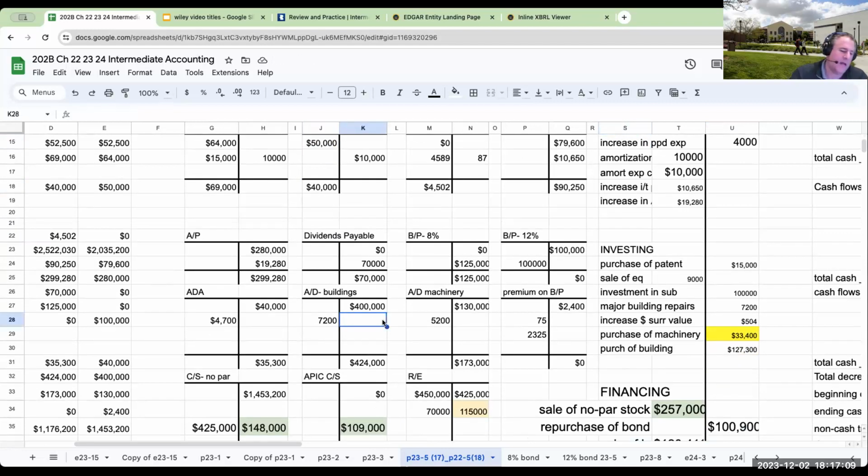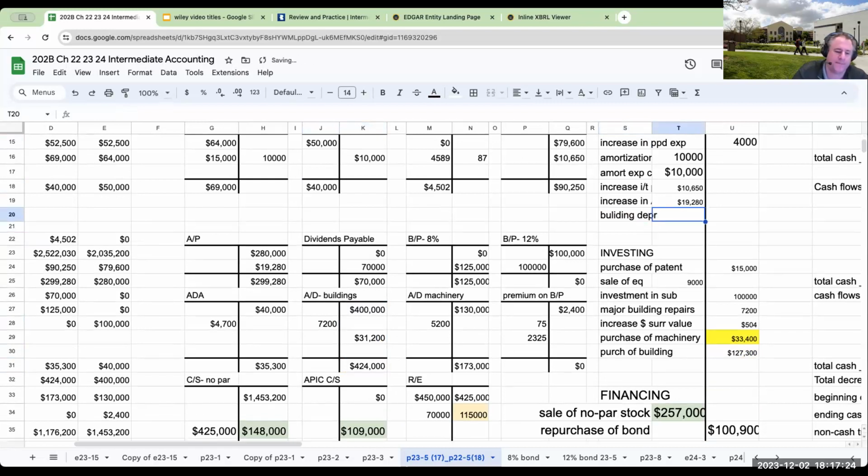Now, for this one over here, to balance this, I'm going to need an entry for 31,200. So this is going to be building depreciation of 31,200. And this is why it's really important when you sell or have this crazy stuff happening, like when they did that addition, that you keep track of it.